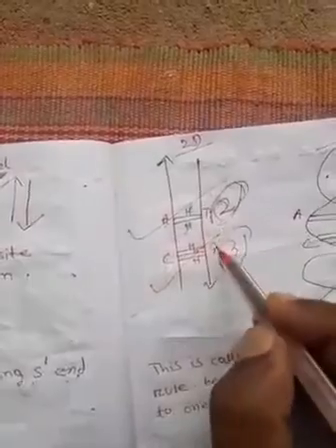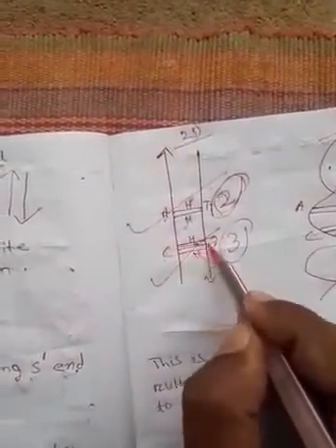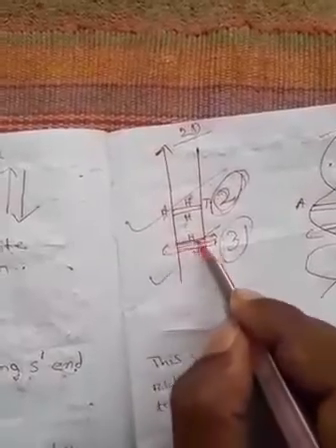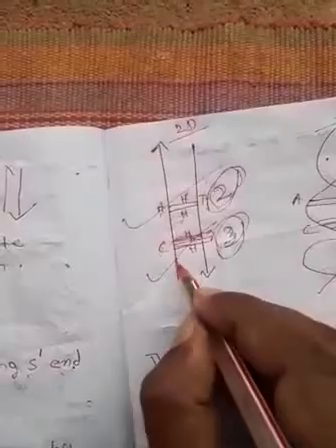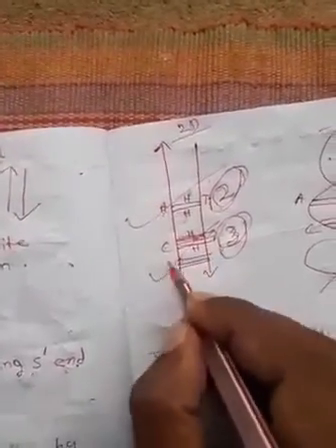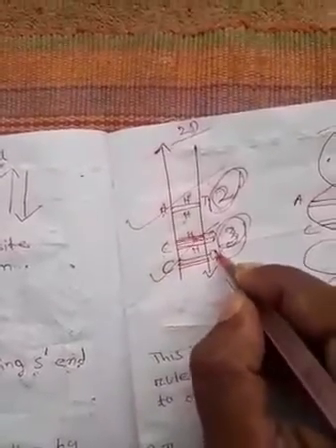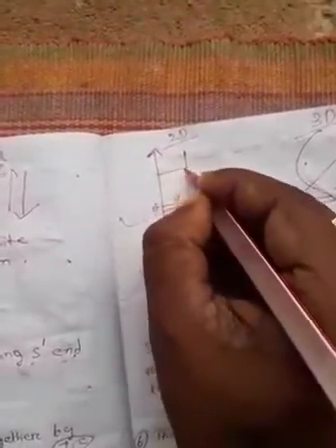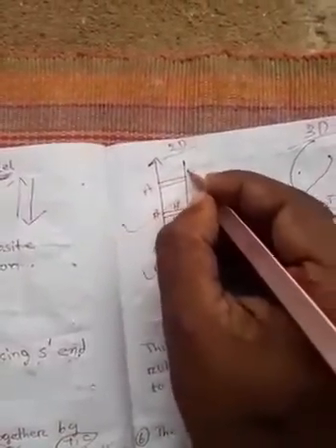Cytosine binds with guanine with three hydrogen bonds like this, guys. 1, 2, 3. Three hydrogen bonds between cytosine and guanine, and two hydrogen bonds between adenine and thymine.